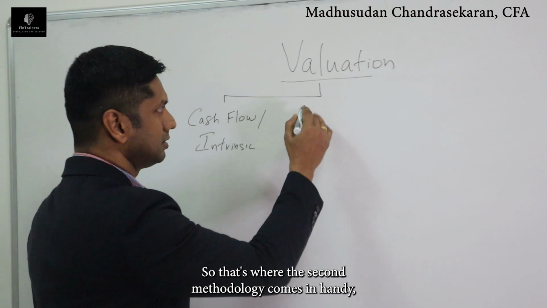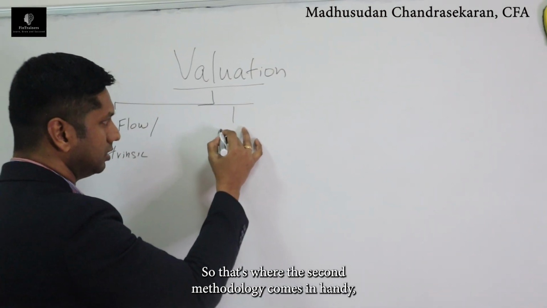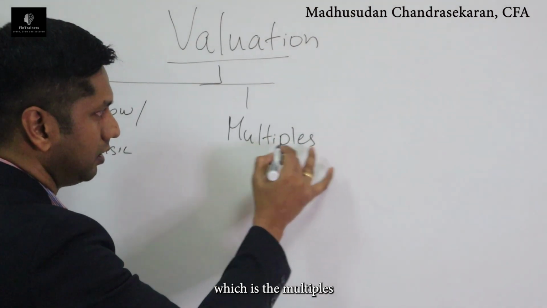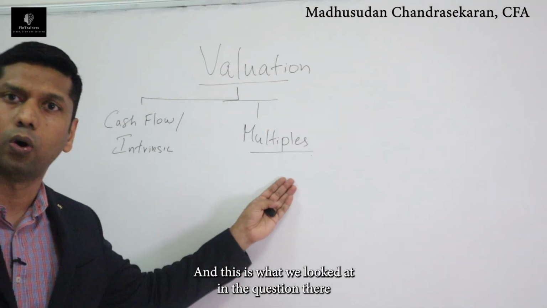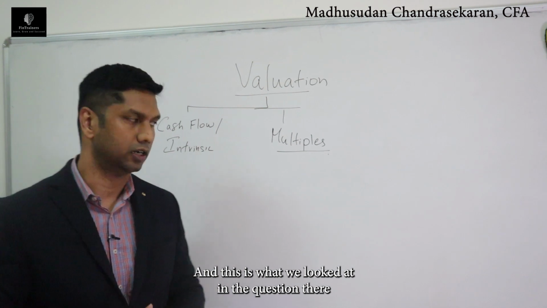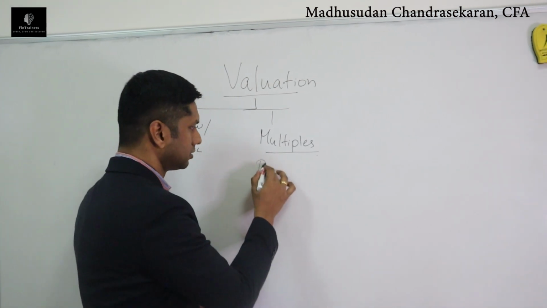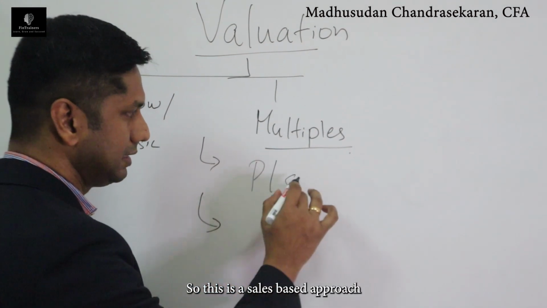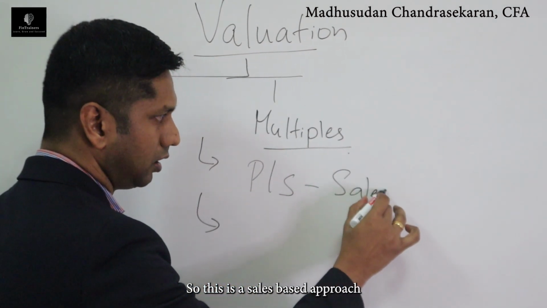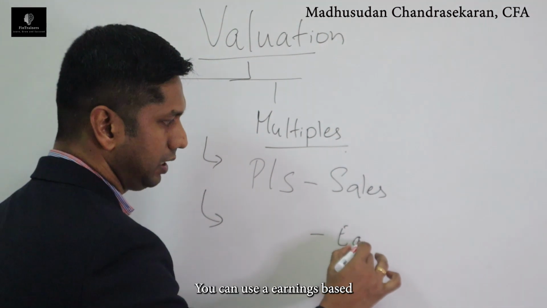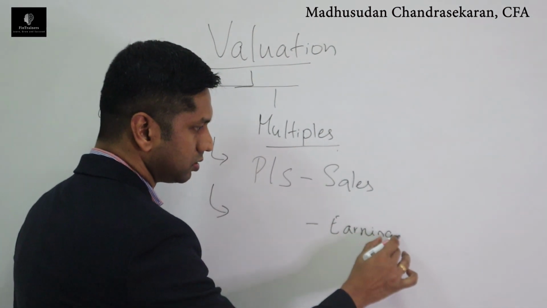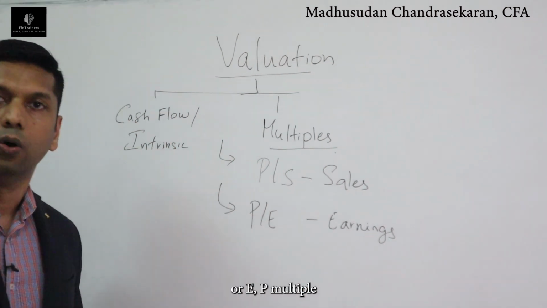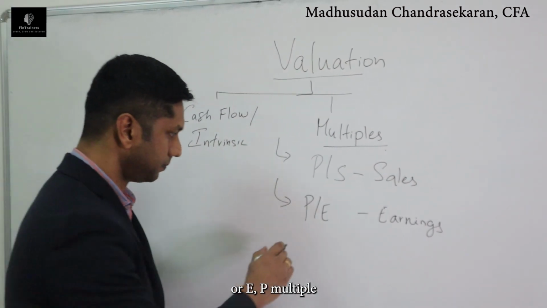So that's where the second methodology comes in handy, which is the multiples. And this is what we looked at in the question. So there are many multiples. Price to sales, so this is a sales-based approach. You can use an earnings-based multiple like P over E, PE multiple.